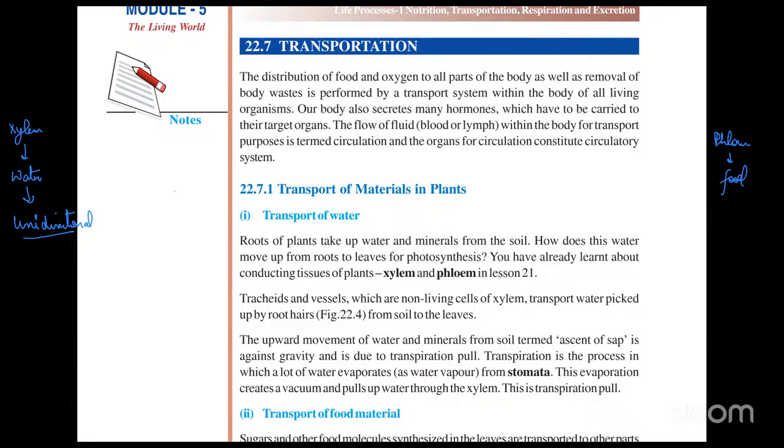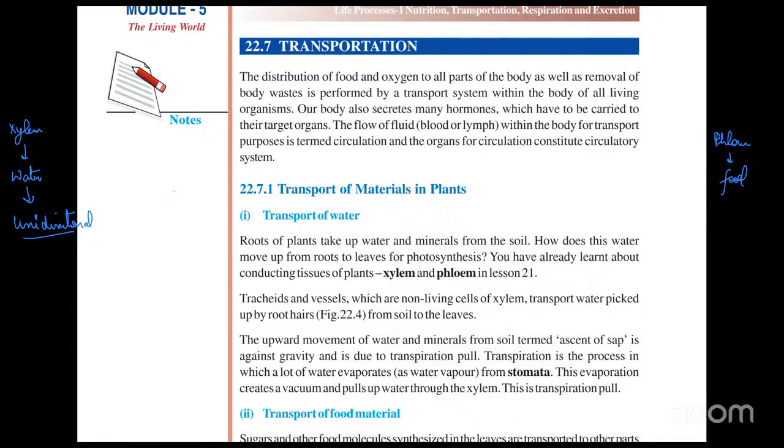Not all of the parts, only to the leaves. The water is transported from the roots to the leaves. Okay, guys, please pay attention. What I'm trying to say is that xylem conducts water, and water moves only unidirectionally. Unidirectional means from the roots to the leaves.